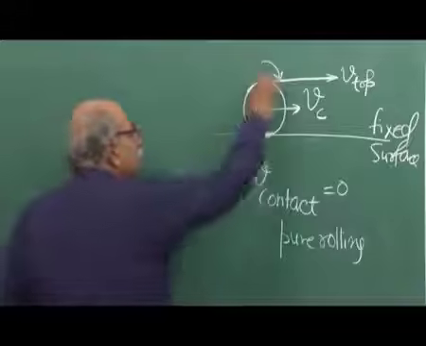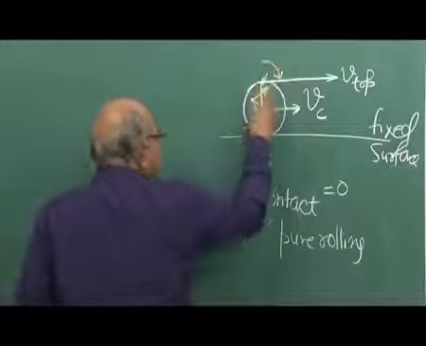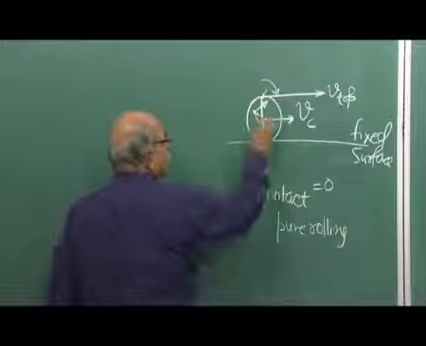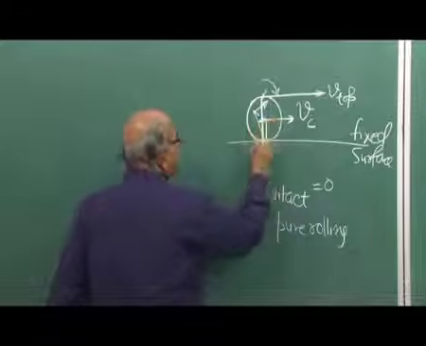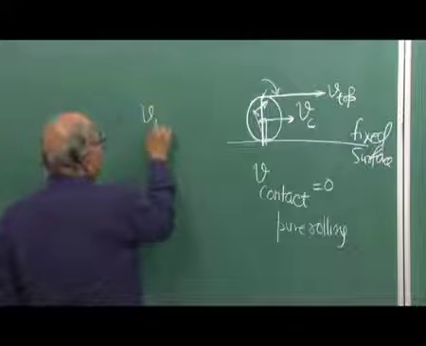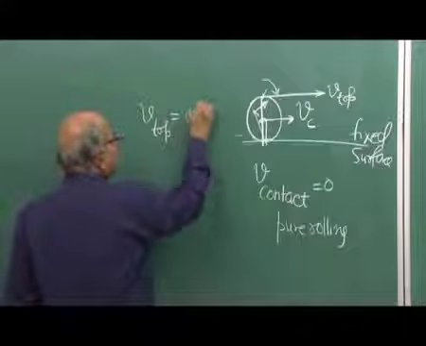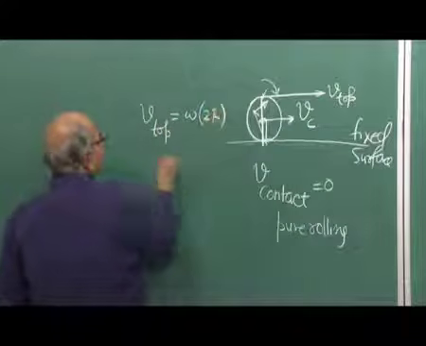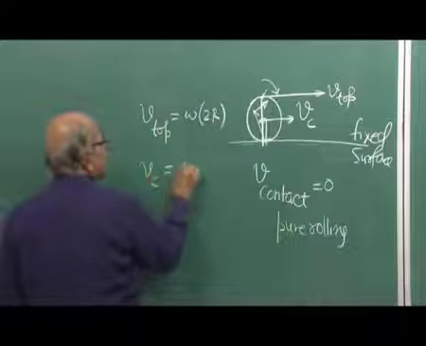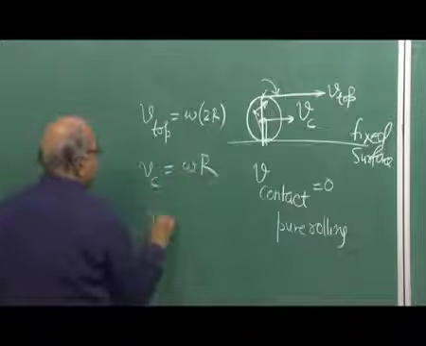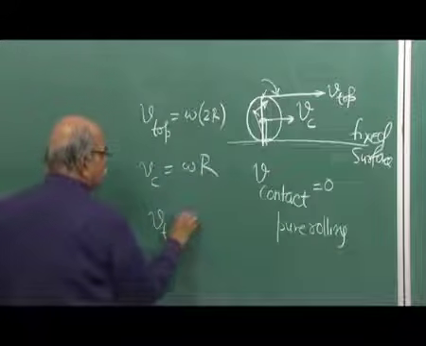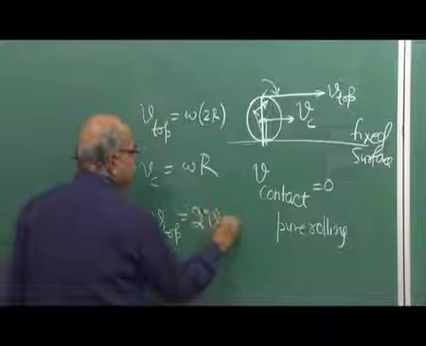If you look at the top point, this distance is 2 times radius. If you look at the center, this distance is radius. So V top is omega into 2r, and V center is omega into r. That means V top is equal to 2 times Vc.